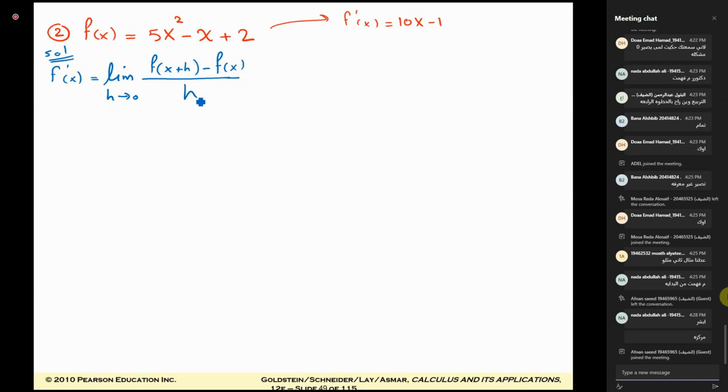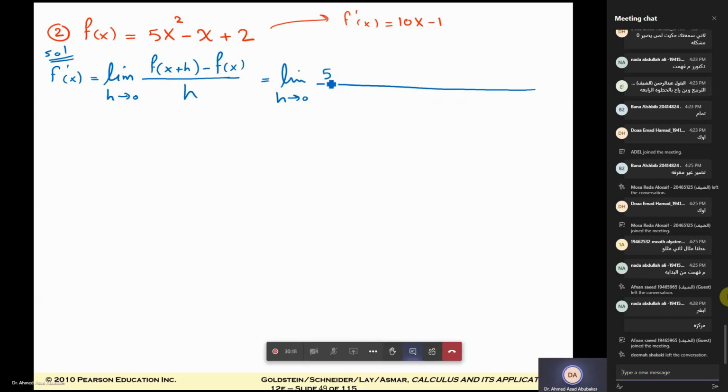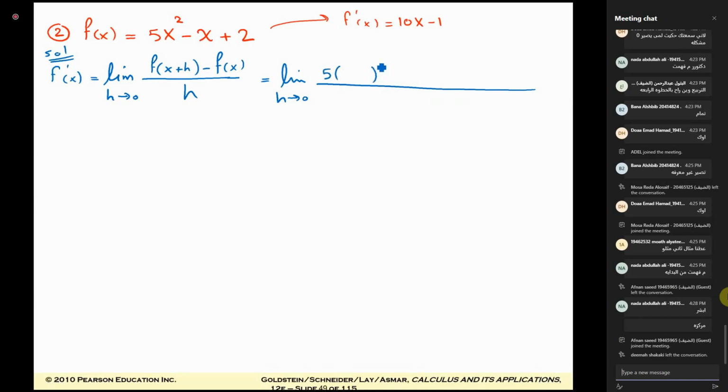Now put the f x as it is, and f x plus h: replace any x with x plus h with brackets. So we have 5 times x plus h squared, minus x plus h inside the brackets, plus 2.